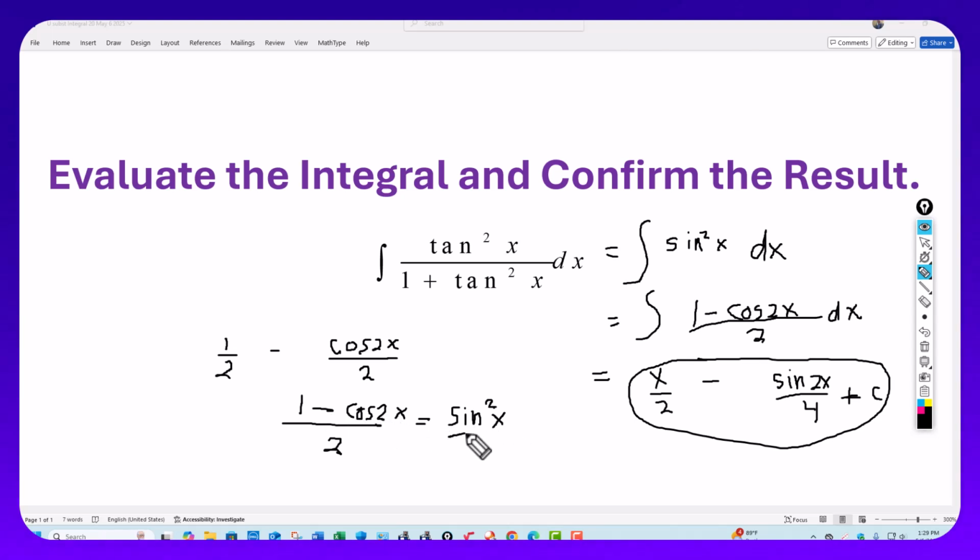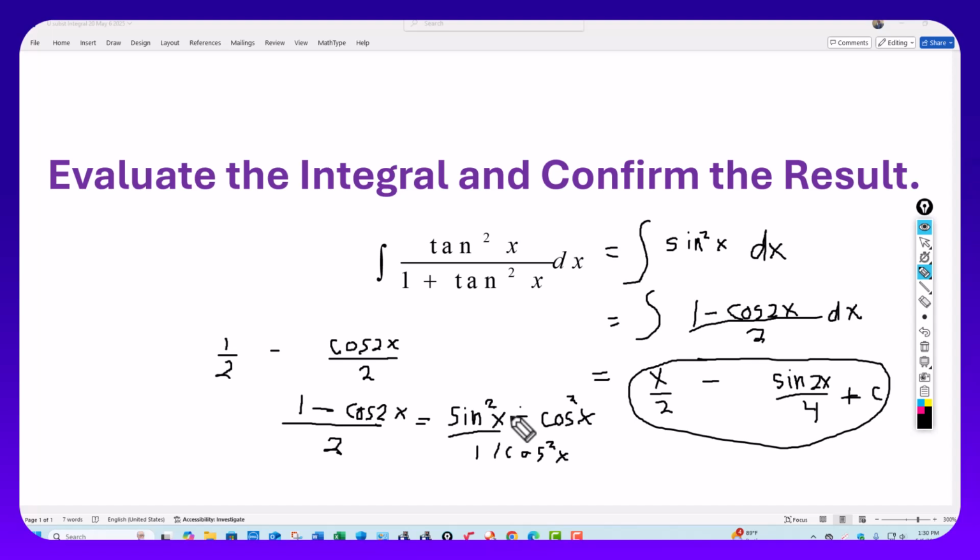So far we're here, and we want to get to this. So we need a tangent squared on top here. So let's just put this over 1 and divide this by cosine squared of x. And that's legal as long as you divide the denominator by cosine squared of x.